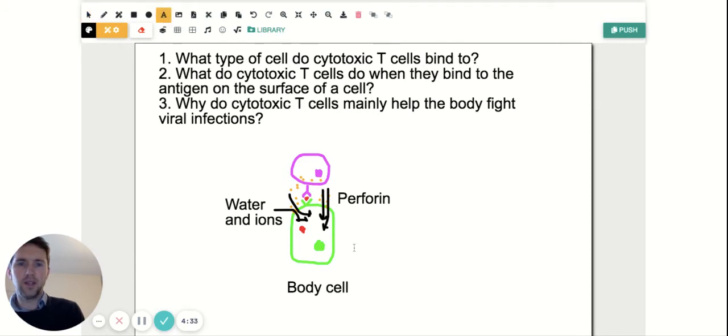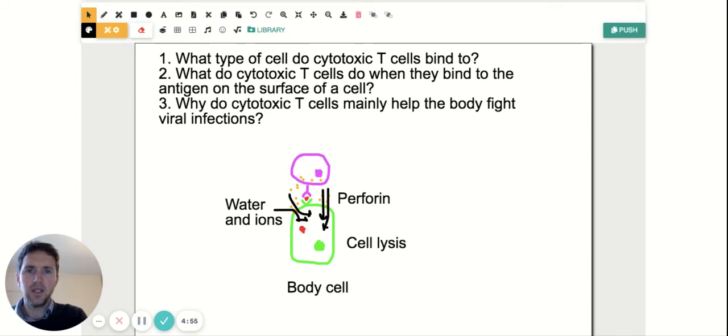And what eventually happens is cell lysis. So that cell will burst and be destroyed. And that is a way that cytotoxic T cells can destroy body cells that are infected with pathogen. And by destroying those cells, they help destroy the pathogen.